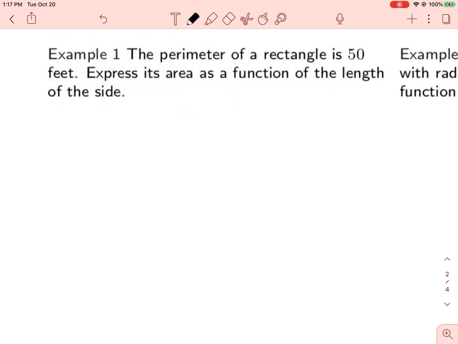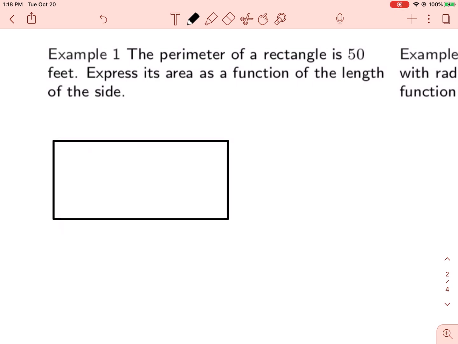So example 1 says the perimeter of a rectangle is 50 feet. Here I go, draw my rectangle. I know that the perimeter equals 50 feet. I now want to find the area as a function of the length of the side. Okay, so what I want to find, I'm going to put it down here, what I want to find is area of this rectangle, which area is length times width.